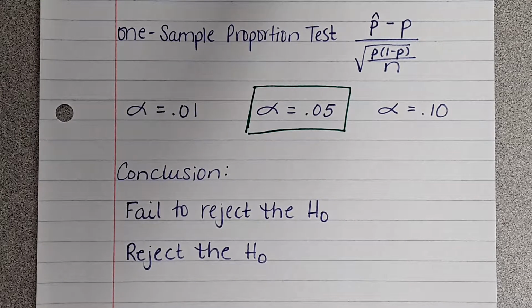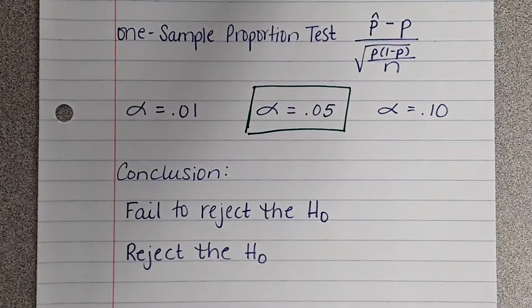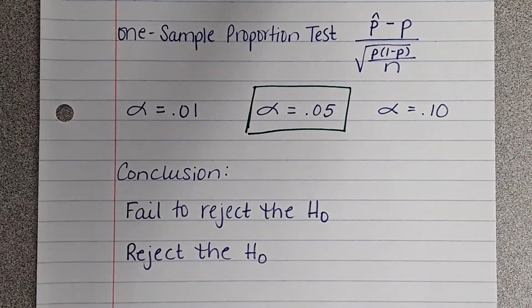You guys, when we're doing a significance test, that is one part of many tests. So for this particular test, what we are saying is we can fail to reject it or we can reject it. Well, how do you know when to fail to reject, or how do you know when to reject? Okay?